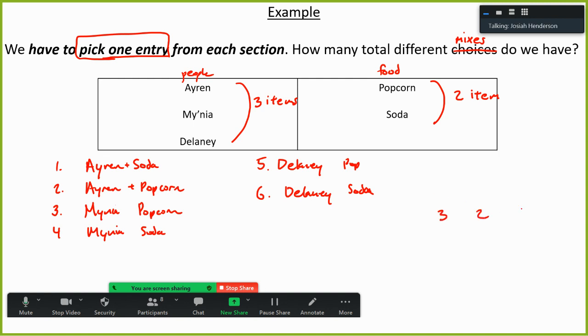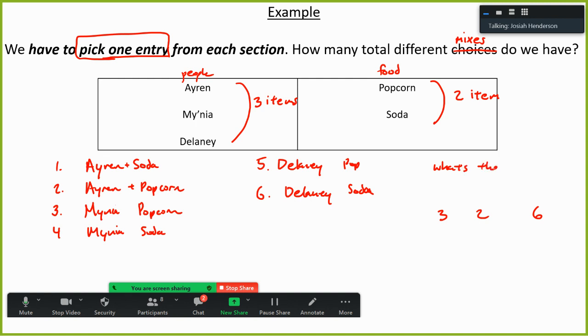3, and then a 2, and then a 6. Is there any math we could do to use 3 and 2 to get a 6? Let me ask again.